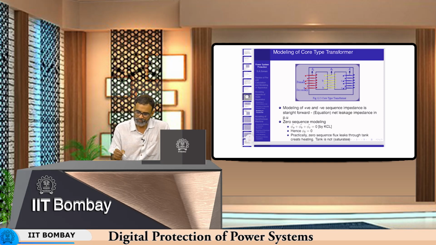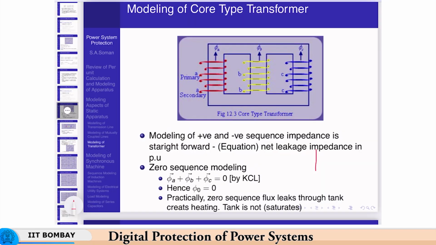Here phi A plus phi B plus phi C is equal to 0, and so for zero sequence impedance it will be 0. So, since the flux is 0, there is no zero sequence inductance associated with this. However, practically it is not 0.